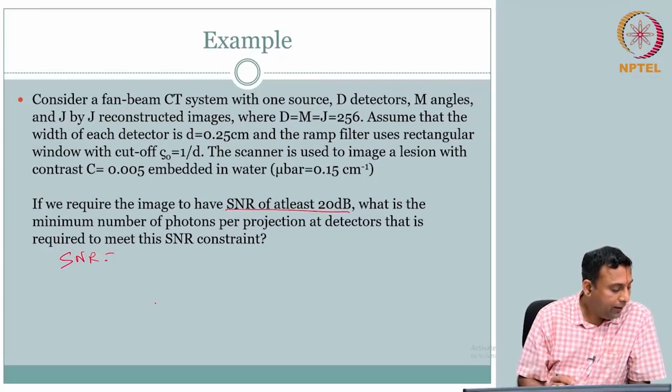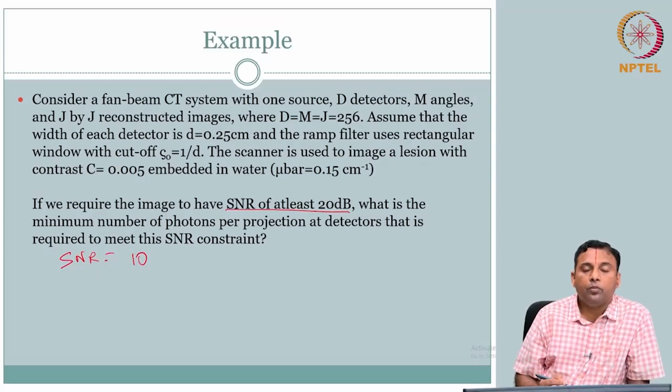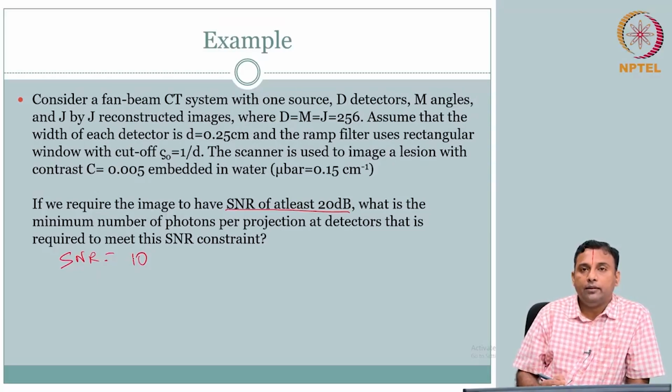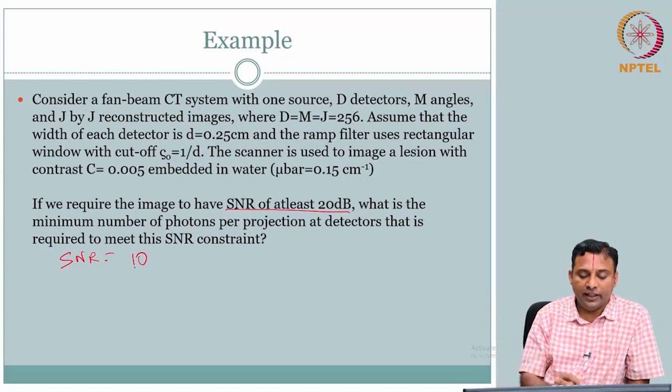If it is 20 dB, this will be the ratio. So if the ratio is 10, 20 log base 10 of 10 will be 20 dB. So SNR is 10.